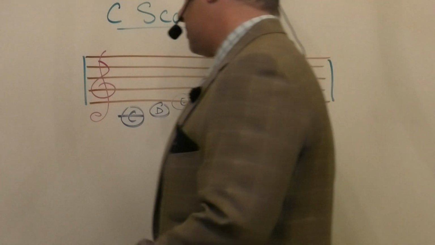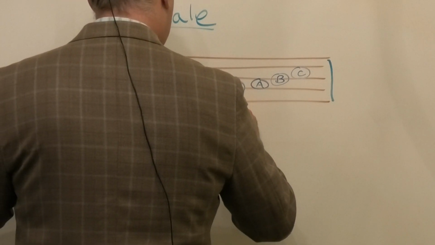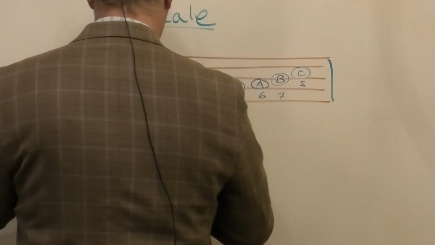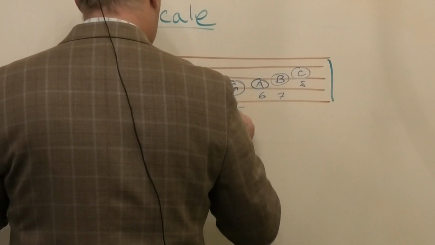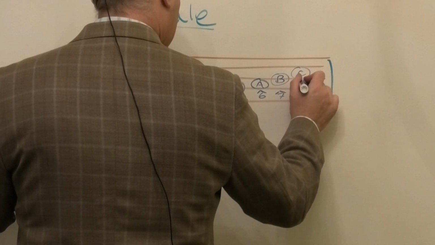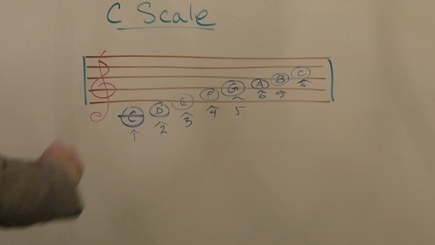That's our C scale. Scale degree 1, 2, 3, 4, 5, 6, 7, 8. Put the little hat. That's the C scale.